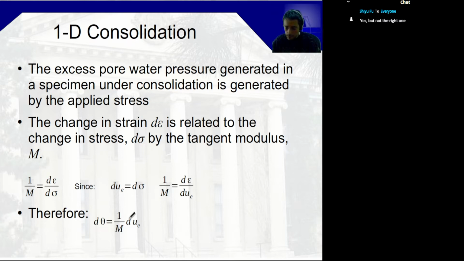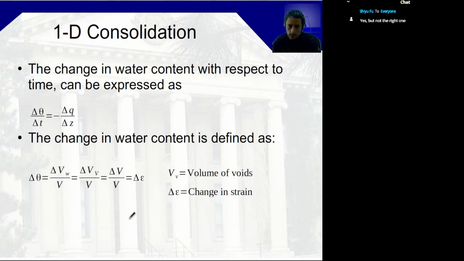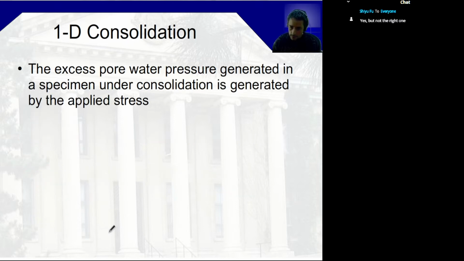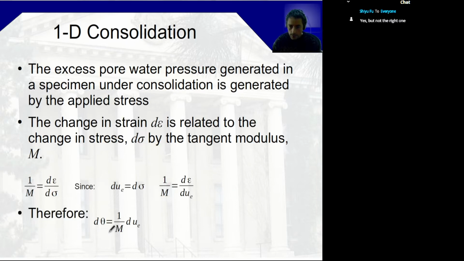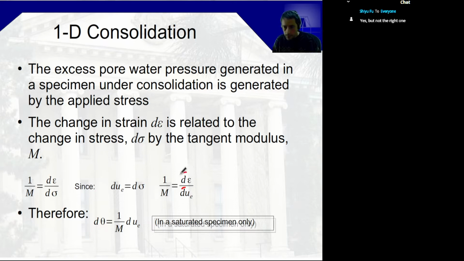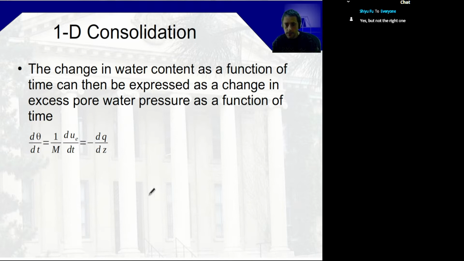If you'll recall, we did say that change in water content is equal to change in strain. So the change in strain here is equal to d theta, and therefore d theta is equal to 1 over M times the change in excess pore pressure, in a saturated specimen, of course.